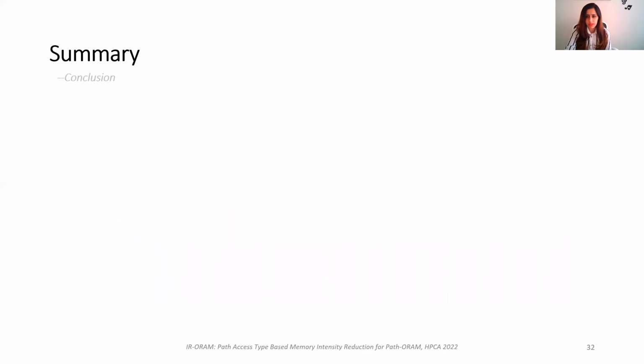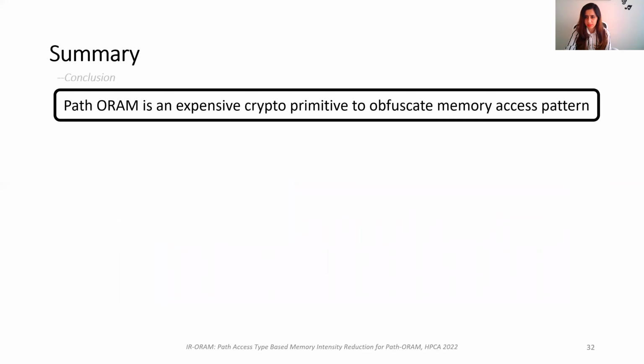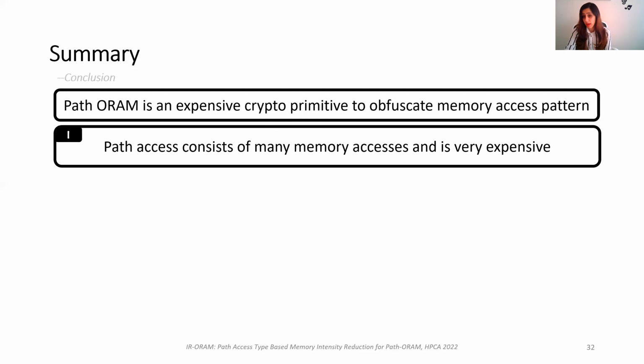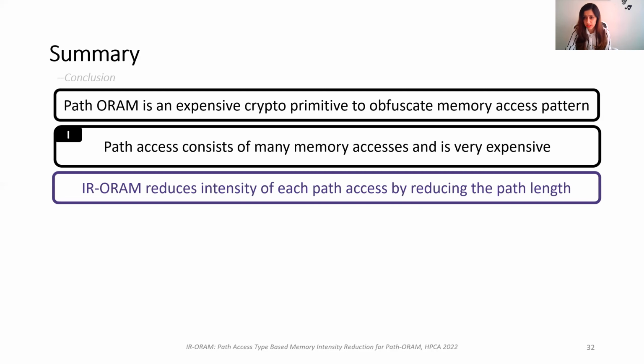To summarize, Path-ORAM is an expensive crypto primitive to obfuscate memory access patterns to preserve the user's privacy. It's very memory intensive though. Firstly, a path access consists of many memory accesses and is very expensive. To overcome this, IR-ORAM reduces the intensity of each path access by reducing the path length.